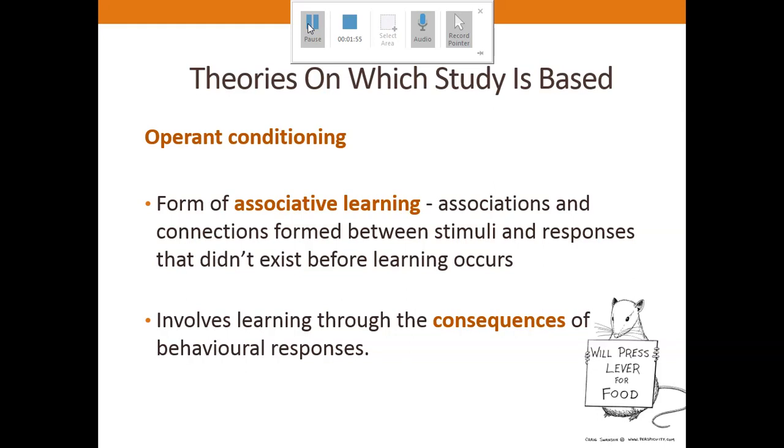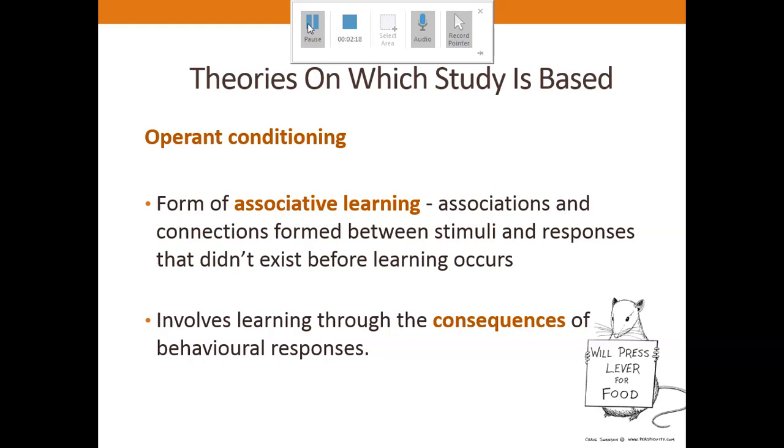So in other words, you learn through the consequences of behavioural responses. So there's some sort of stimuli, something in your environment which will then cause a response, and the consequence of that response will determine whether you choose to perform that behaviour again.